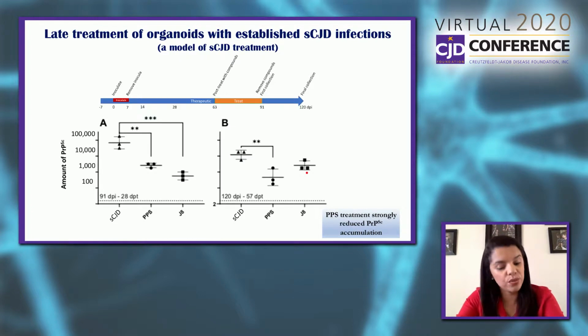And the ones which received the J8 also had less prions, but again, this was not statistically significant. But we have to remember that this was just a brief treatment. Now we are performing this in a long treatment all the way to the end. So this highlights the utility of this new model of human prion disease to assess the efficacy of anti-prion drugs.